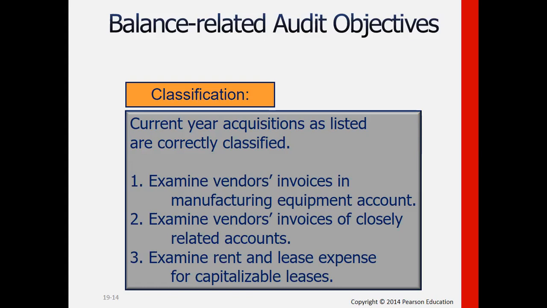So that's how we present here in the Philippines. And we have to make sure also that the accumulated depreciation is presented or deducted from the relevant cost of the PP items. So in that case, for classification, we have to examine the vendor's invoices for the related asset, closely related accounts, and again, going back to our rental and lease agreements for capitalizable lease.